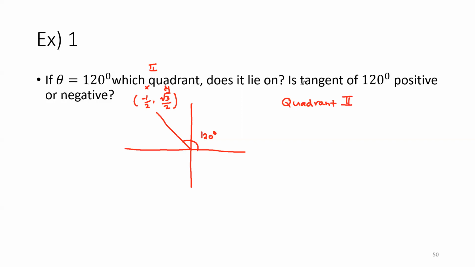Okay, then the second part of the question says, is tangent of 120 degrees positive or negative? Let's just figure out what it is. Since it is a degree within the unit circle, you don't have to do that SOHCAHTOA thing, right? So what you can do instead, tangent of 120 degrees, this is how you would write it.